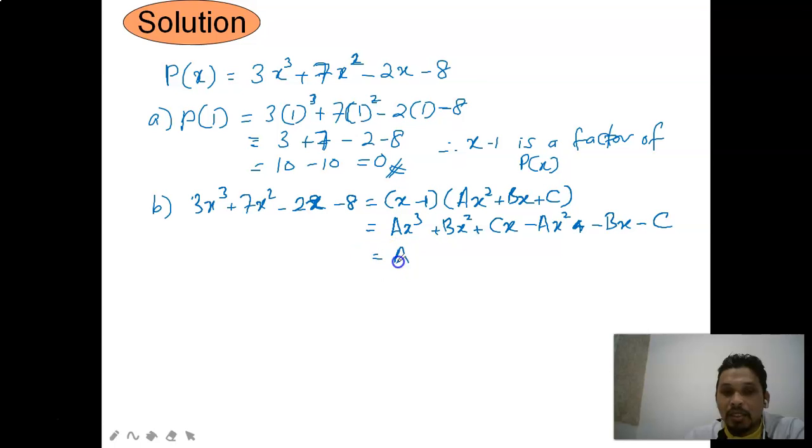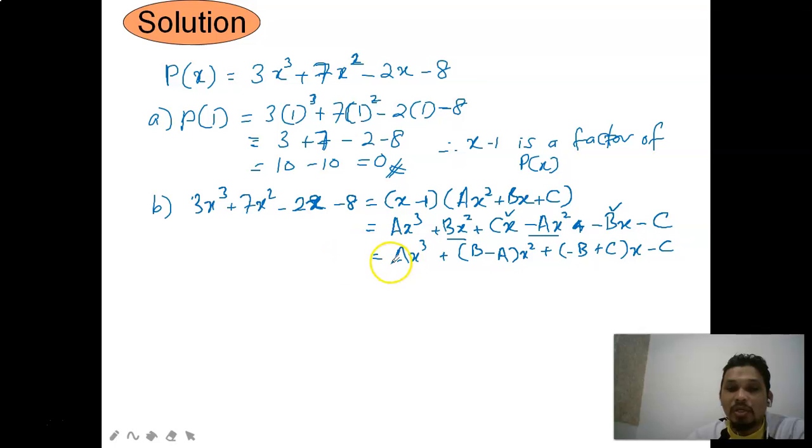Okay, so then ax cubed plus bx squared and negative ax squared, so we come up with (b minus a)x squared, plus negative bx and also cx, (negative b plus c)x, minus c. So we are going to compare all this with this P(x).